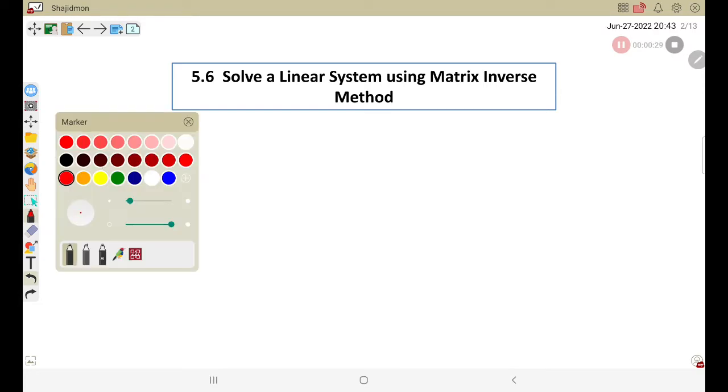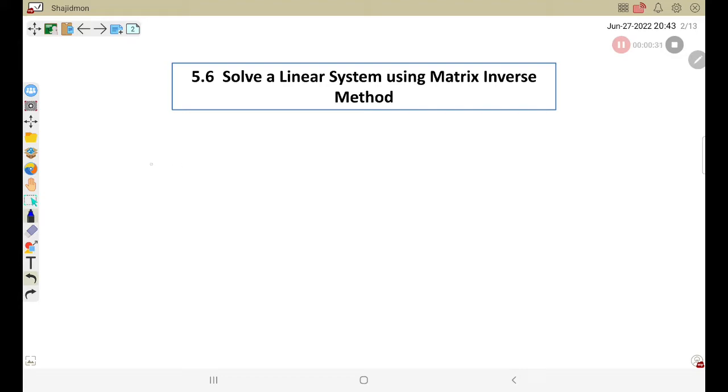In this section we are mainly concentrating on how to solve a linear system of equations, especially a 2 by 2 system, by using the matrix inverse method. A 2 by 2 system means we need to find x and y, correct? Two equations and two unknowns.